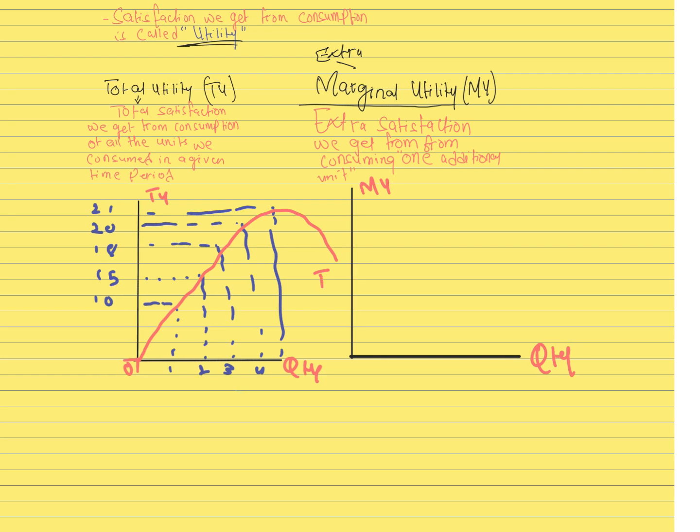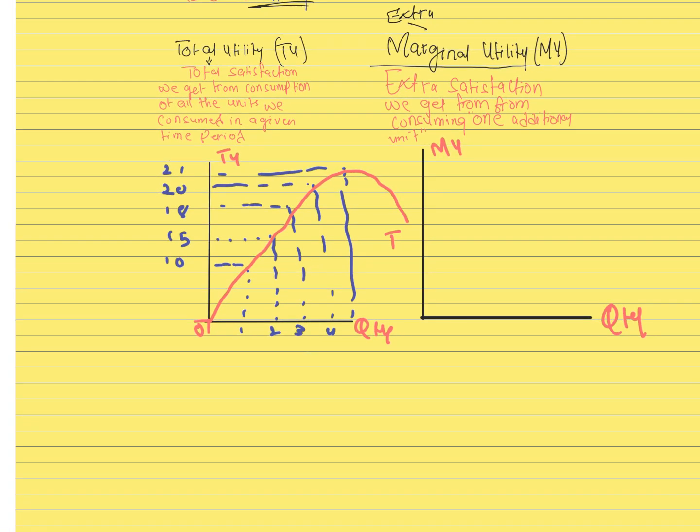So this is how the total utility curve will look. Now, as you can see, as I keep on increasing the quantity of chips, the total utility keeps on increasing, but the extra satisfaction that I get from the consumption of each unit is decreasing.